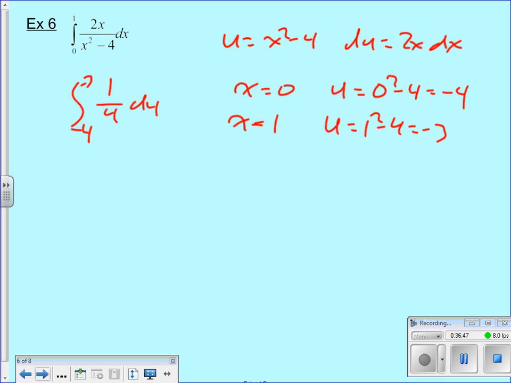If I start in terms of x, I can change my bounds. I just take whatever x is, plug it into my original substitution. That's all you do. When x is 0, u is negative 4. When x is 1, u is negative 3.